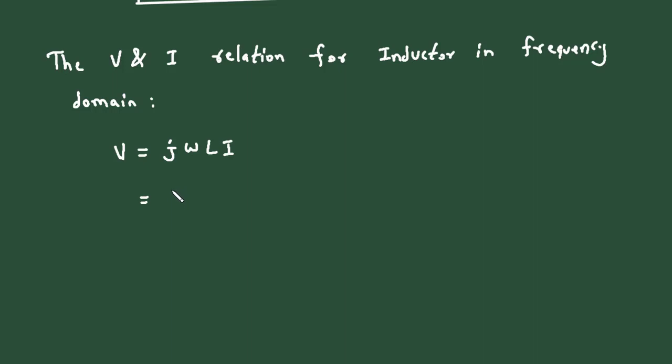So here this j is 1 at an angle 90 degree. j means 1 at an angle 90 degree.